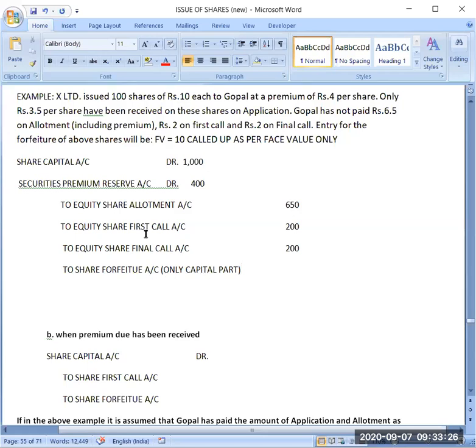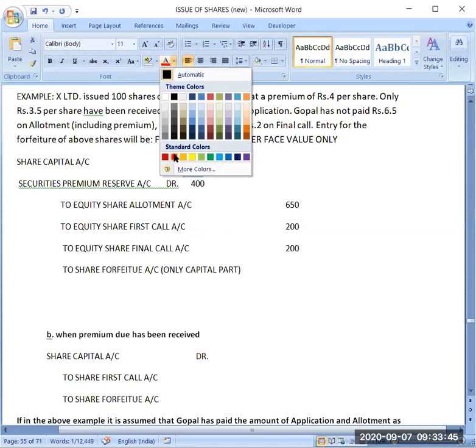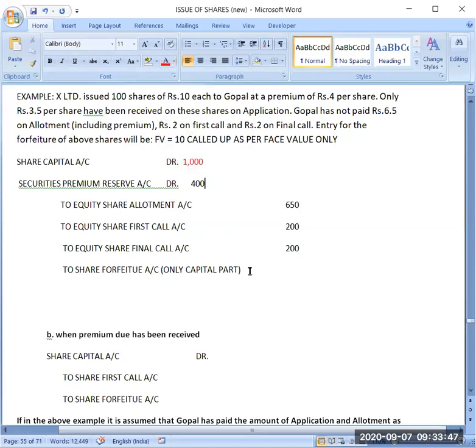Write it as a rule somewhere. It will confuse you 100 times. This amount is important. And this amount is important.